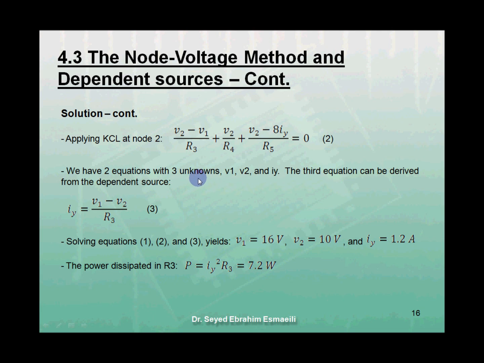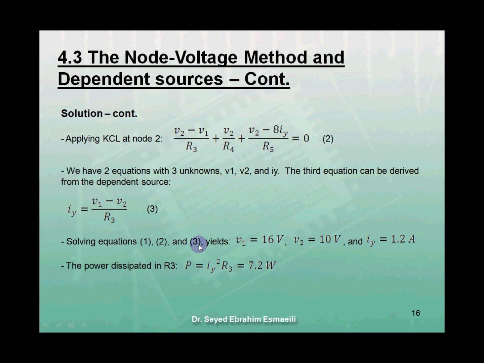However, we have two equations with 3 unknowns, V1, V2, and IY. The third equation can be derived from the dependent source, where IY equals (V1 minus V2) over R3. Now we have 3 equations for 3 unknowns.